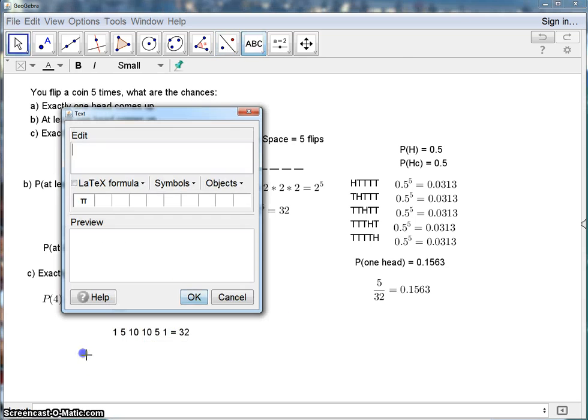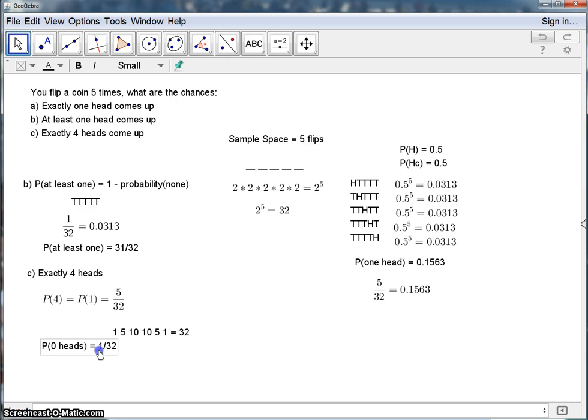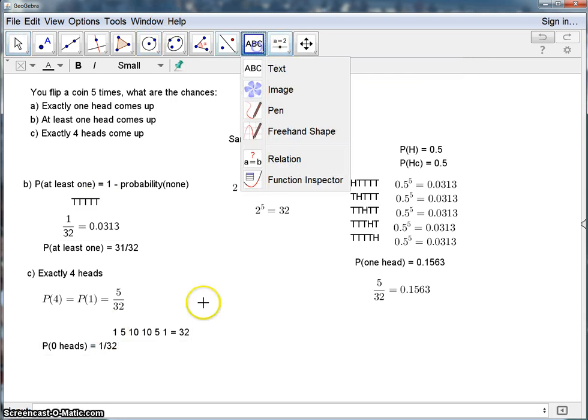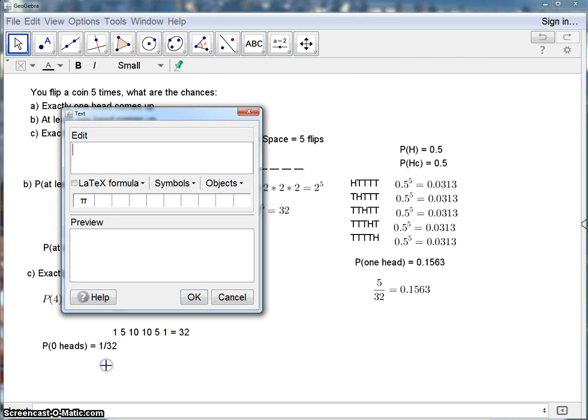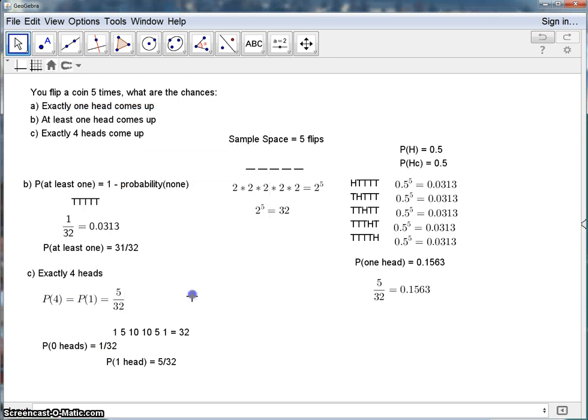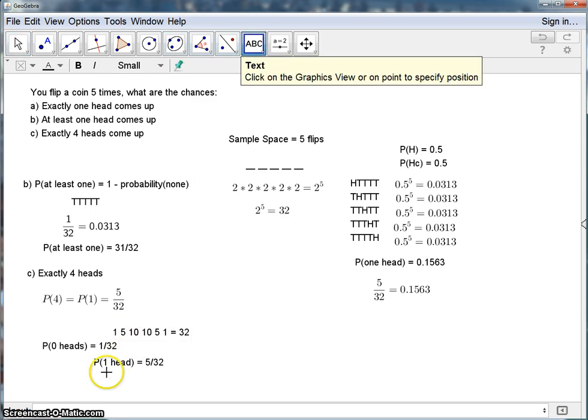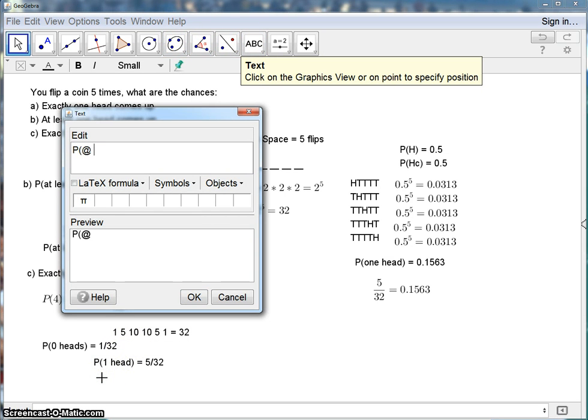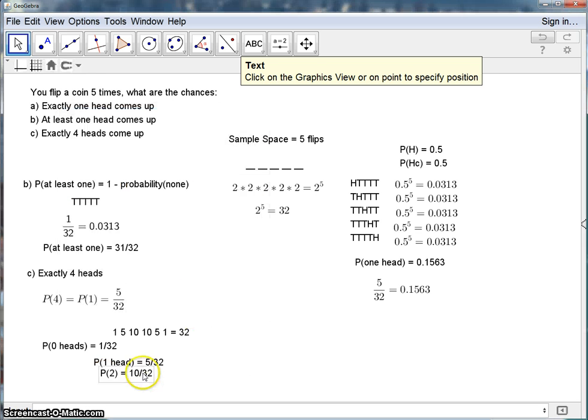So the probability of 0 heads is 1 out of 32, because that's the first entry from Pascal's triangle. The probability of 1 head is 5 out of 32. That comes from the second term there. The probability of 2 is equal to 10 out of 32.